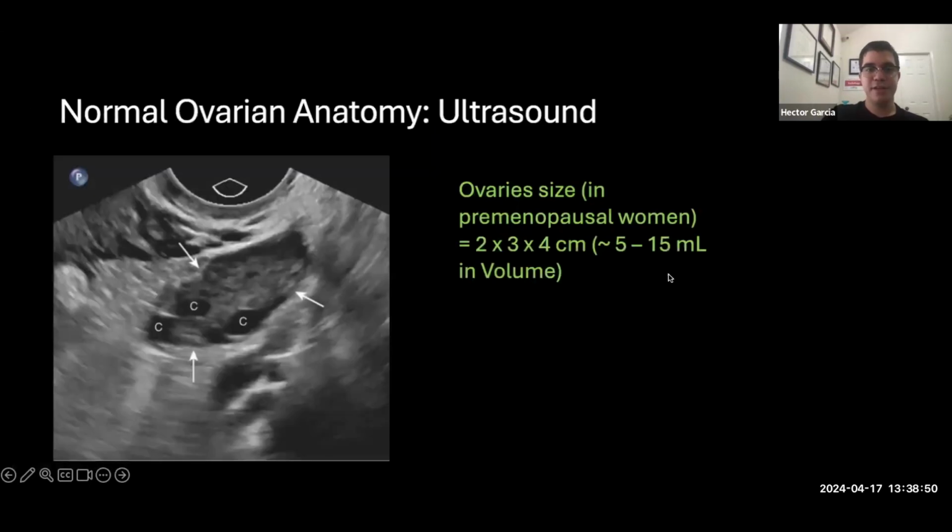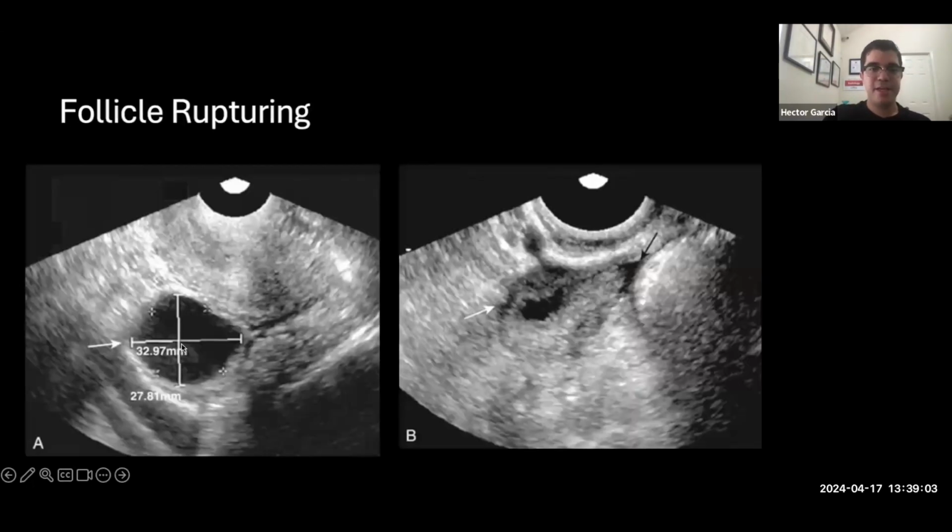Okay, moving on. Then the normal ovarian anatomy on ultrasound, and this is the size of the ovary, 2, 3, 4. And this is the ultrasound with a few cysts. Here we see a follicle before it ruptured, and then minutes later after the follicle ruptured, and the black arrow is pointing to free fluid.